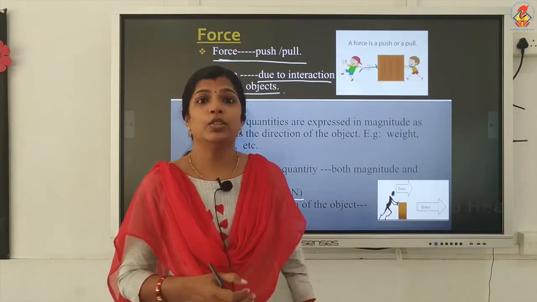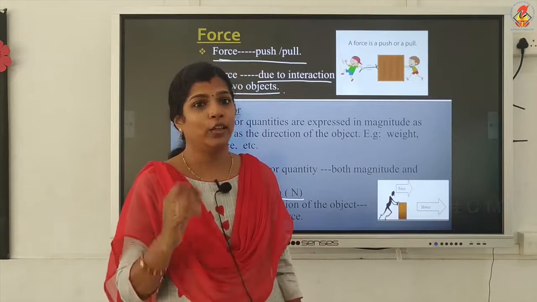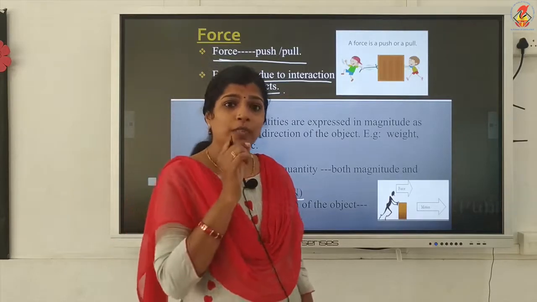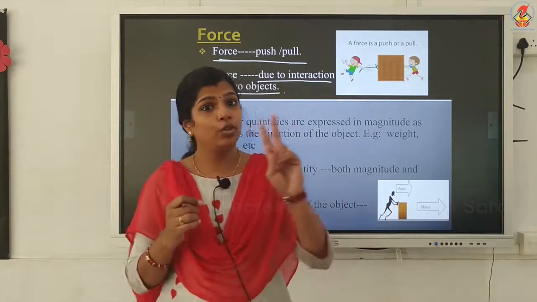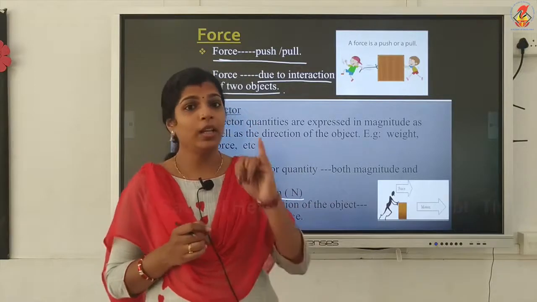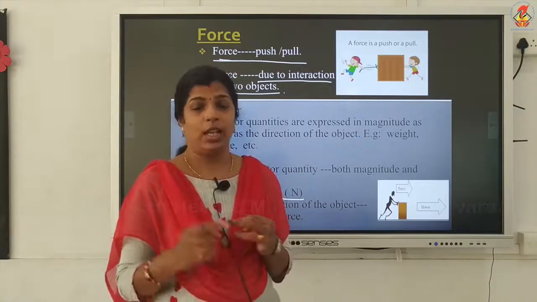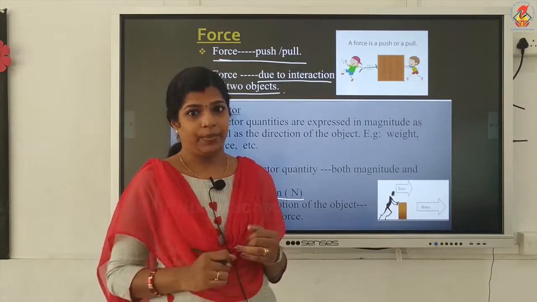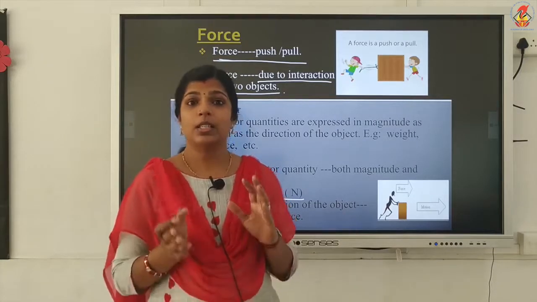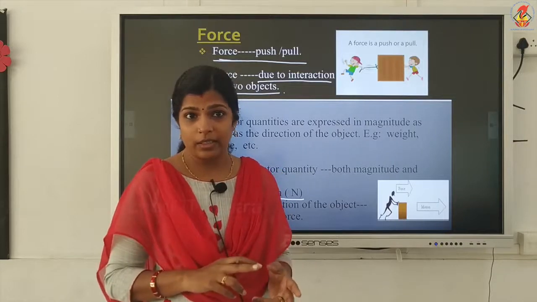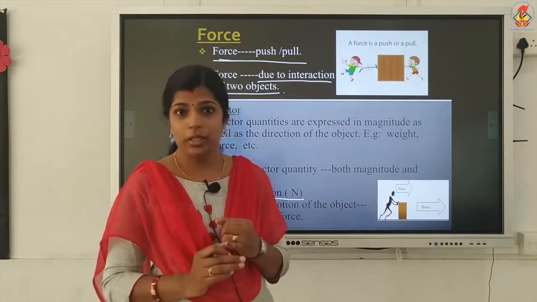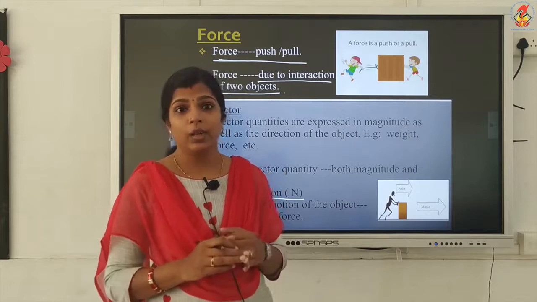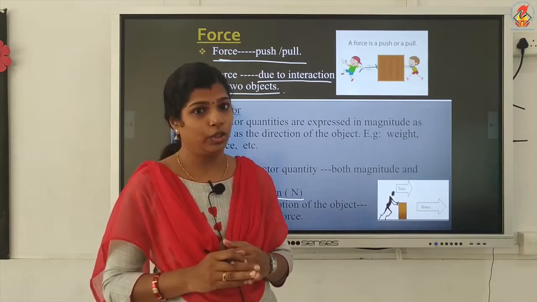Now, these physical quantities are divided into two main categories: one is scalar quantity and the other one is vector quantity.